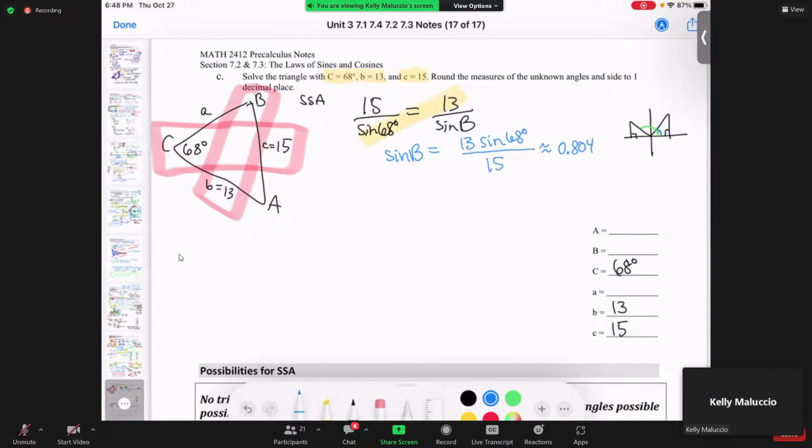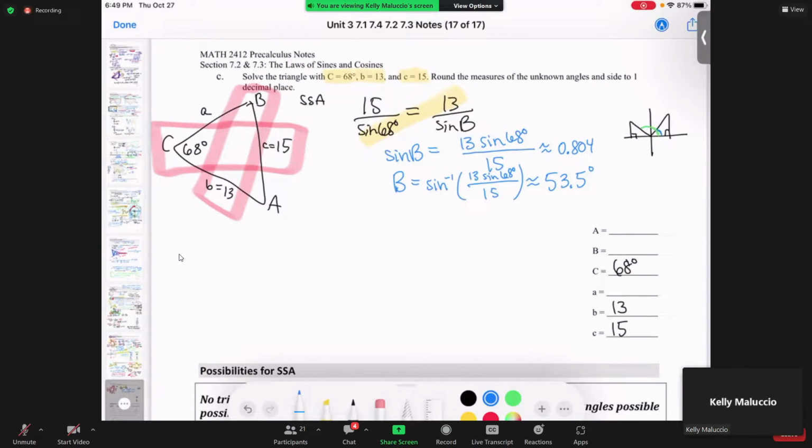When we solve, B is inverse sine of 13 sine 68 degrees over 15. If I do that, I get about 53.5 degrees. So that works. It could be 53.5 degrees.